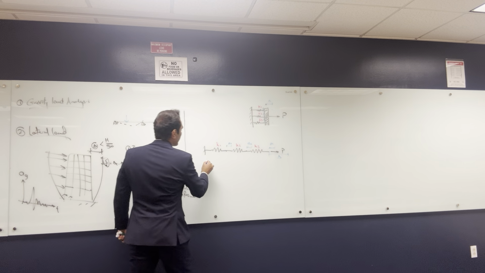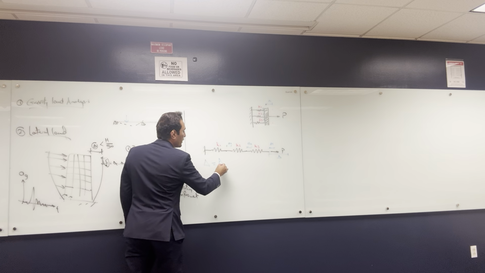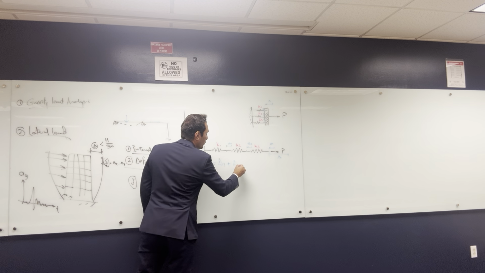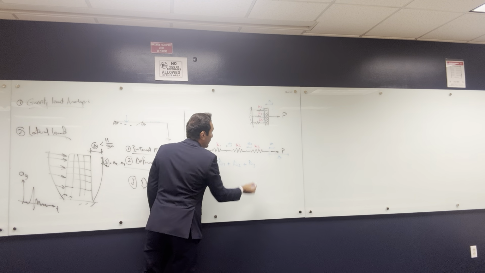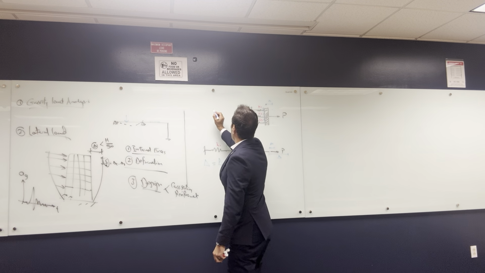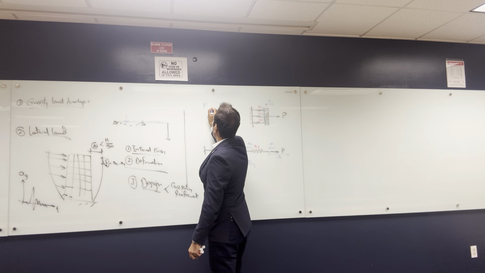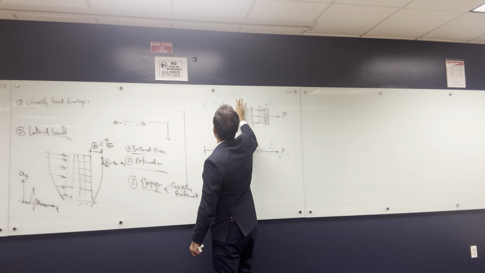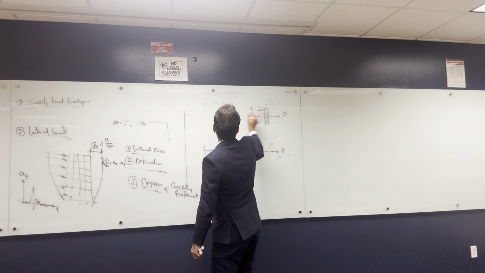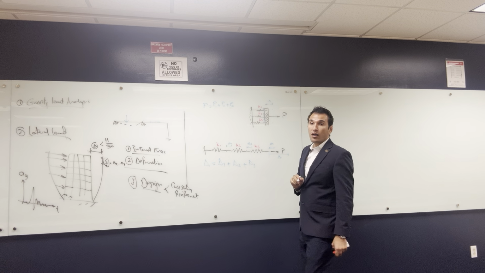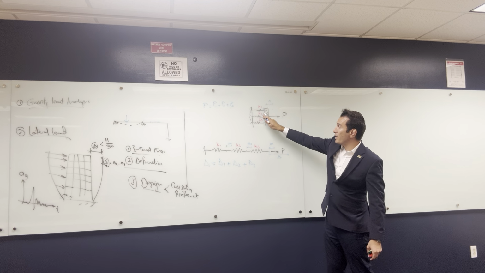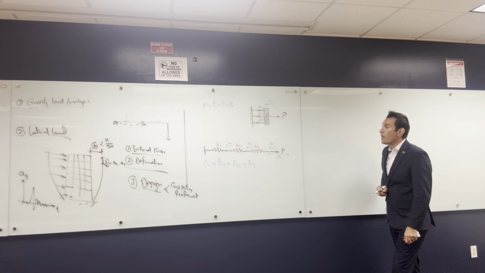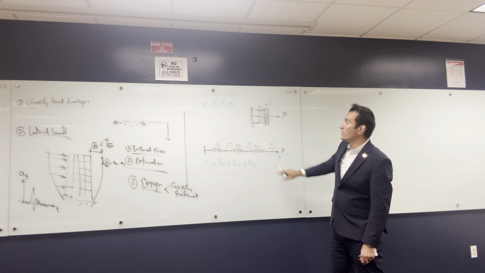So in this system, delta is equal to delta 1 plus delta 2 plus delta 3, right? But in this system, P is equal to P1 plus P2 plus P3. And delta for all of them is constant. This one has the same delta, this one has the same delta. All right, and in this one here, P is constant.